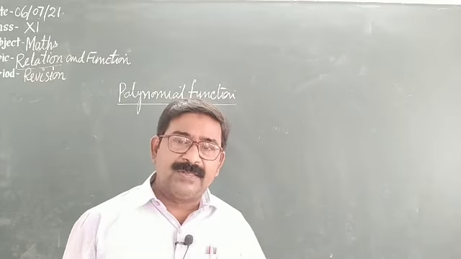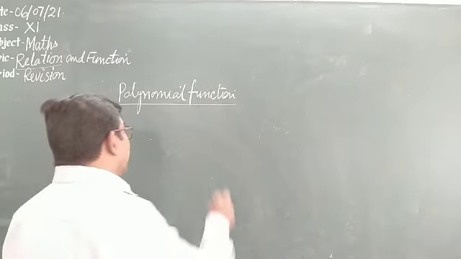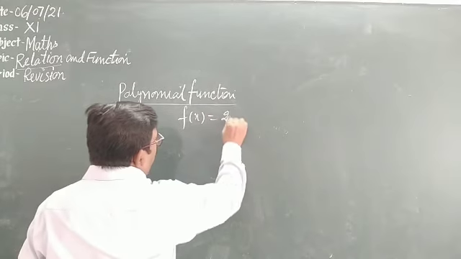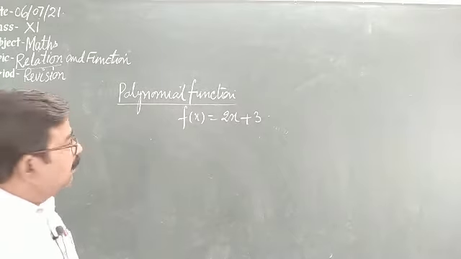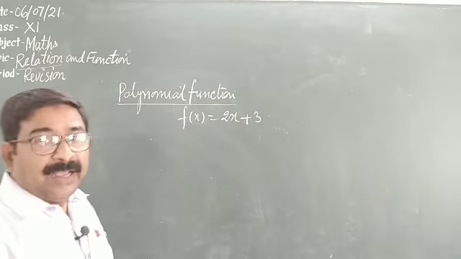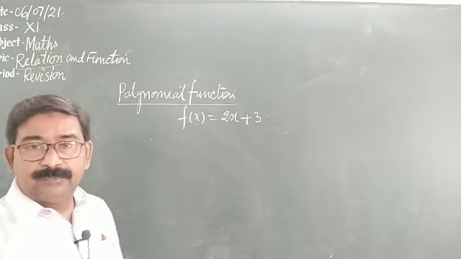It depends on the nature of the function. Suppose we have a function f(x) = 2x + 3. It is a polynomial function, it is a binomial, and according to degree, it is a linear function.